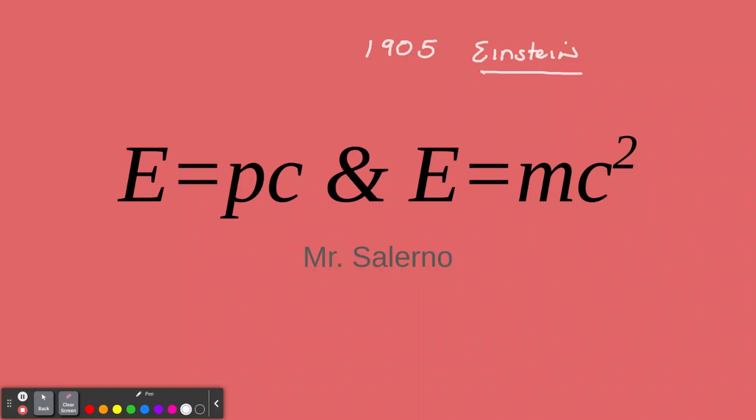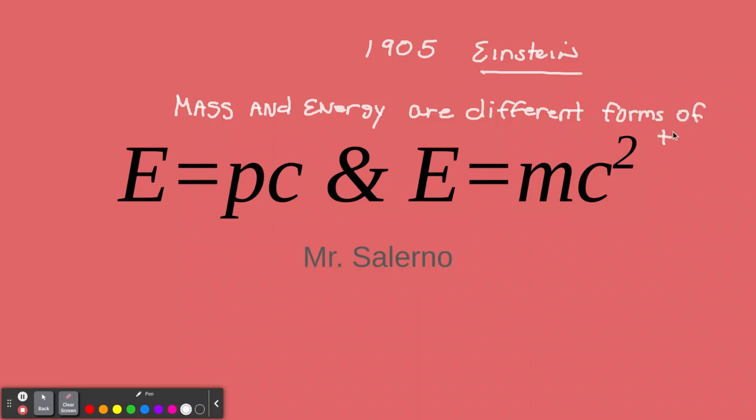And what he's saying here is very simple. Well, it's not simple, but in simple terms, mass and energy are different forms of the same thing. So let's write that. Mass, how much matter you have. Mass and energy are different forms of the same thing.